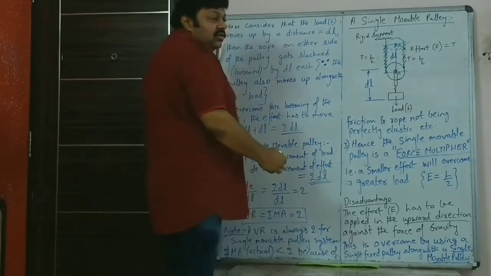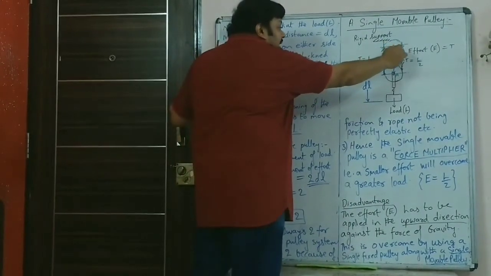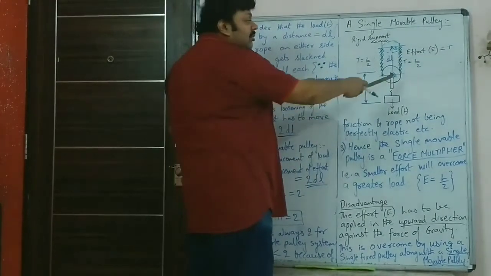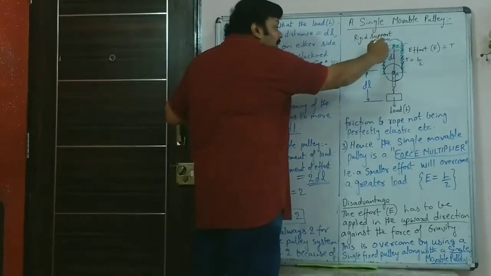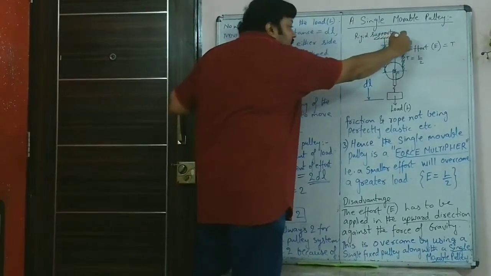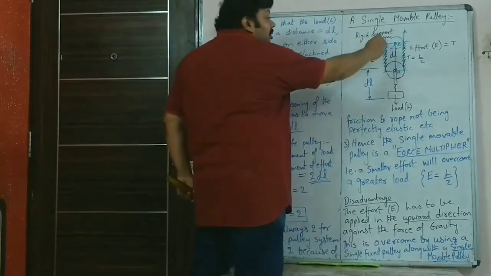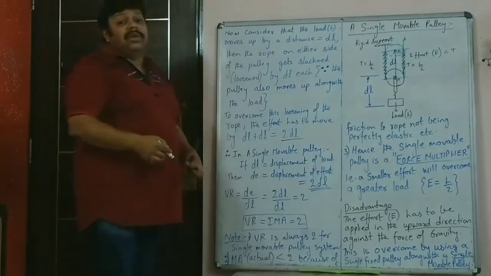Slack means loose by that same distance dl, and that side of the rope is also slack by the same distance dl. Which means now if the rope has to go along the groove, then this rope has to be pulled up by this dl and this dl, that is 2 times dl.